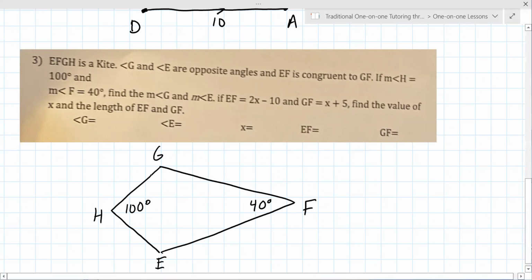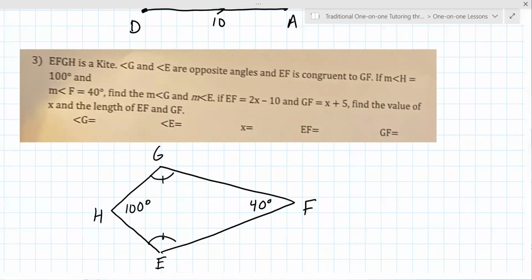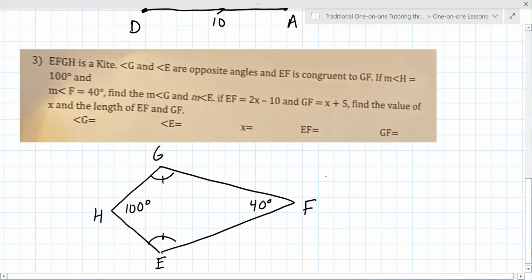Now in a kite, the other angles here are congruent. G and E are congruent. All the angles in a kite have to add up to 360. So we have 100 plus 40 plus G plus E has to equal 360. Okay, I'll write it down.